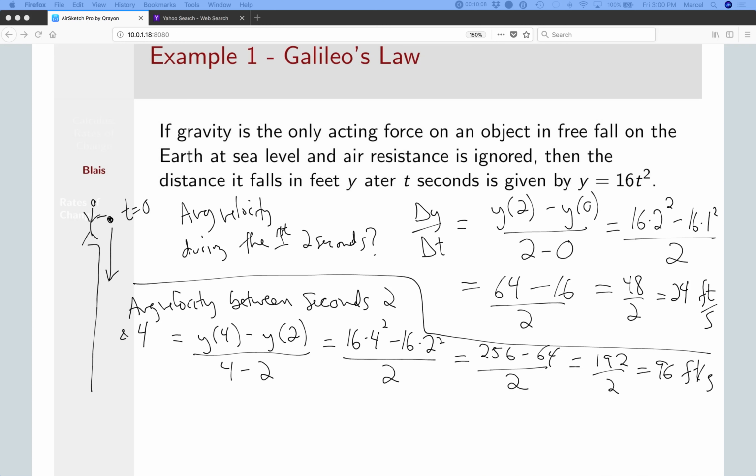And so we see that the average velocity, the average rate at which this rock is falling in the first 2 seconds is 24 feet per second, but it's falling much faster on average between seconds 2 and 4.